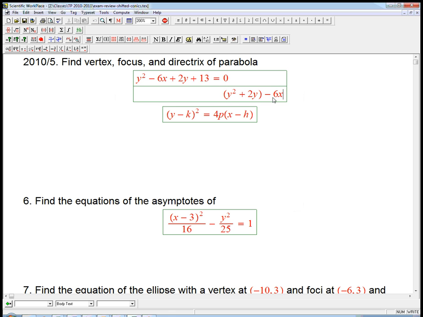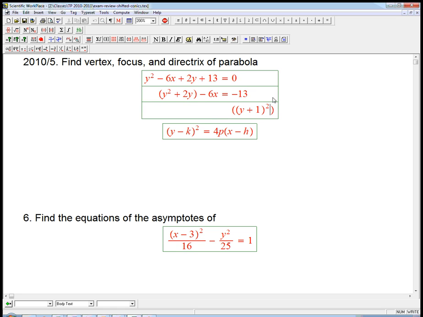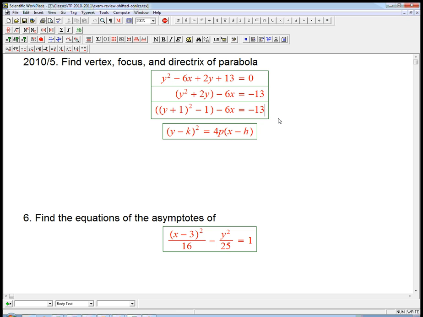So minus 6x, and let's just move the minus 13 over. Okay, so that's going to be y plus 1 squared, and then minus 1. Because you take 2 and you take half of that. y plus 1 squared would be y squared plus 2y plus 1, and we just subtract the 1 off right away. That's the way I usually do completing the square.